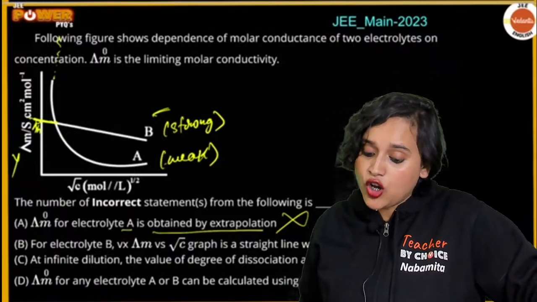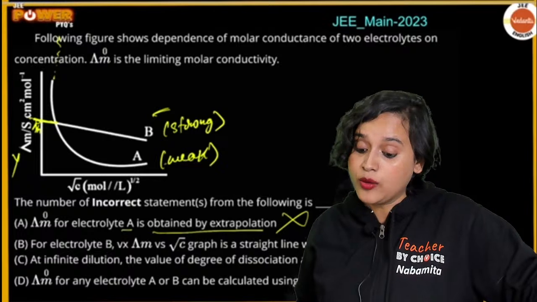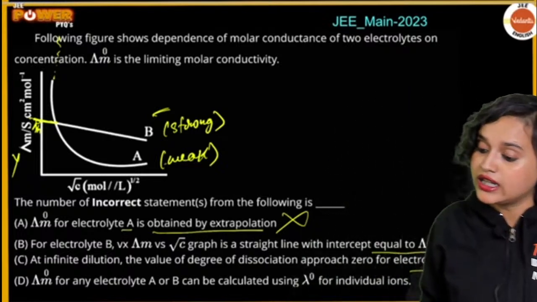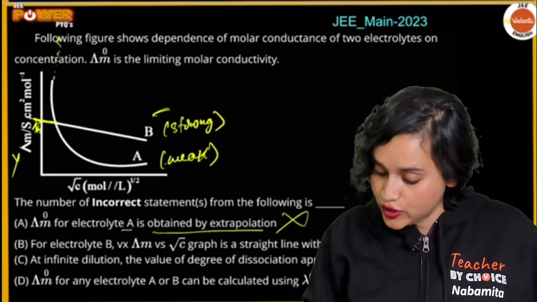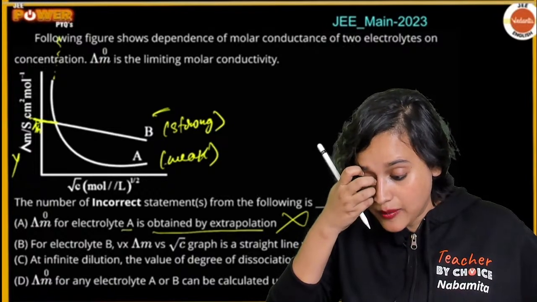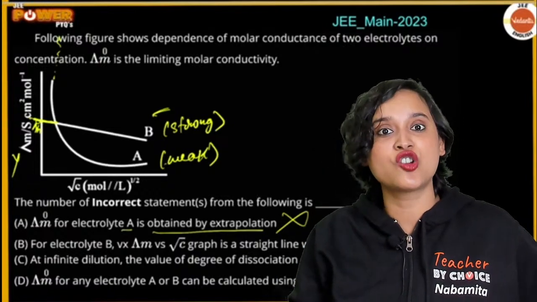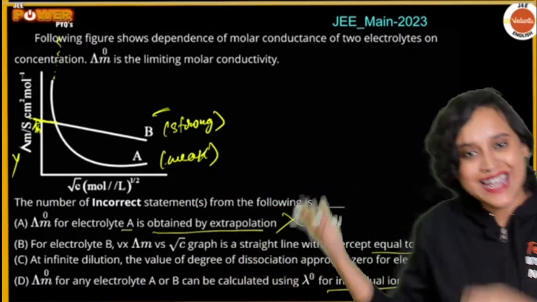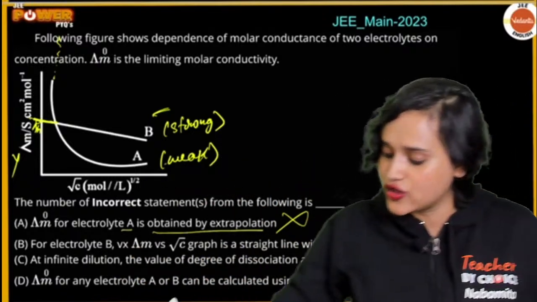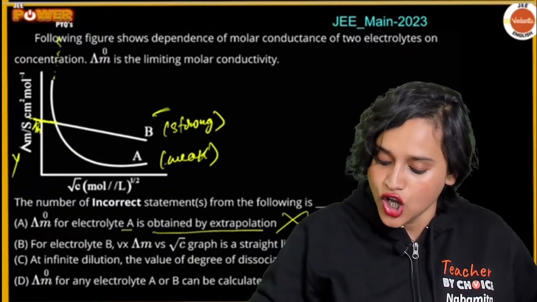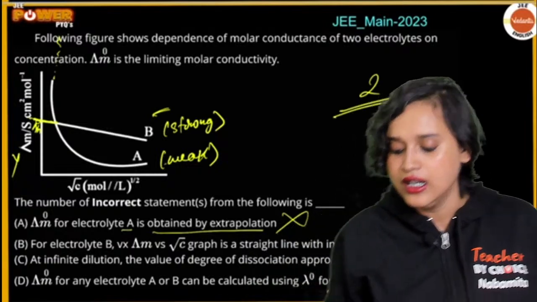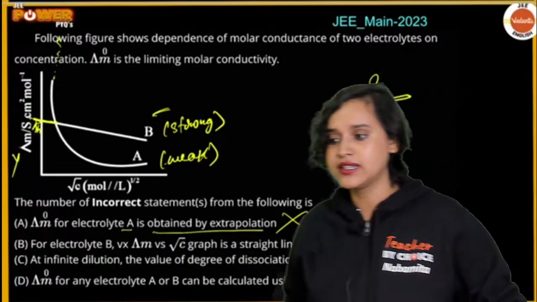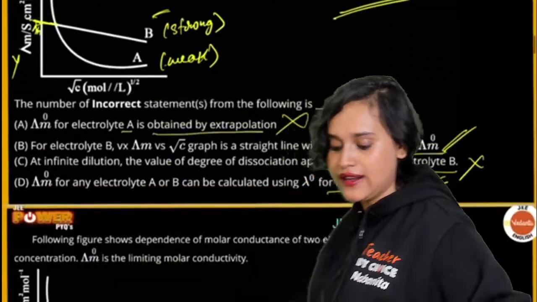But lambda m naught for any electrolyte A or B can be calculated using lambda naught for individual ions. Yes, Kohlrausch's law. Kohlrausch's law states exactly the same thing, so yes, this is right. That means two statements are right from here.